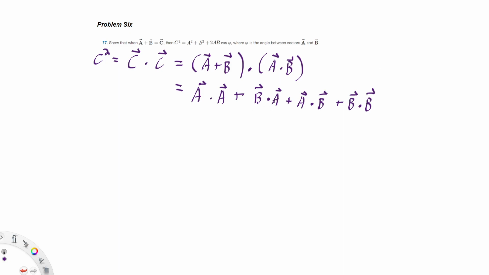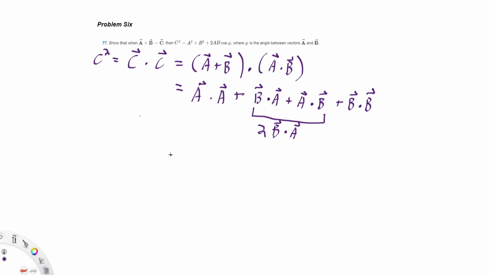Notice that b dot a and a dot b are actually the same thing because the dot product is commutative, just like normal scalar multiplication. So these two terms here, we can replace that with 2b dot a.